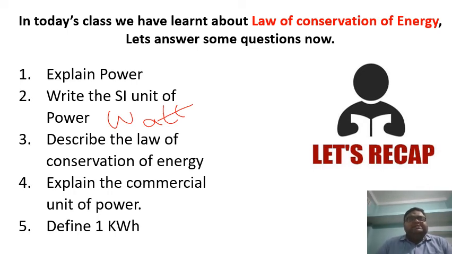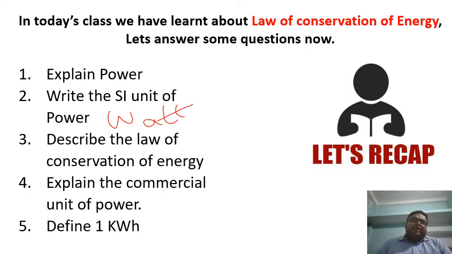Now describe the law of conservation of energy. What does it state, students? It states that energy can neither be created nor be destroyed. It can just transform from one form to another. What is the commercial unit of power, students? It is 1 kilowatt hour.